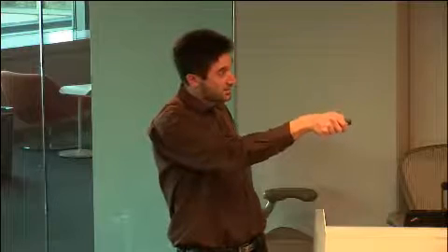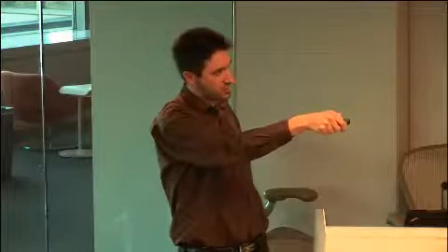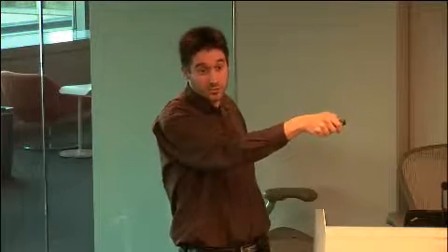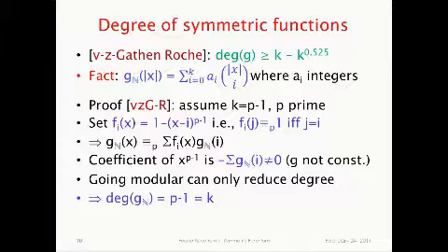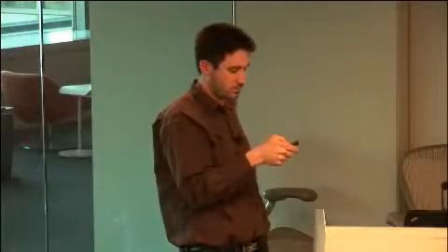I'm claiming that this is the same representation modulo p, if you just reduce everything mod p. And the point is that I factorial is invertible modulo p because I is smaller than p. So the degree modulo p is p minus 1. Therefore, this degree is also p minus 1. And this is the full degree, right?